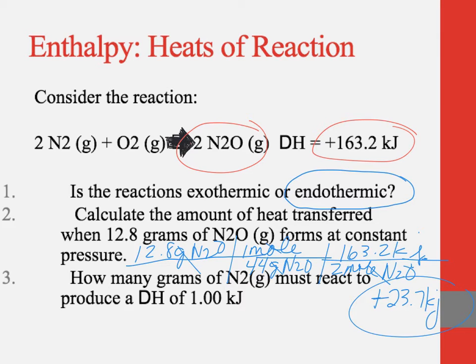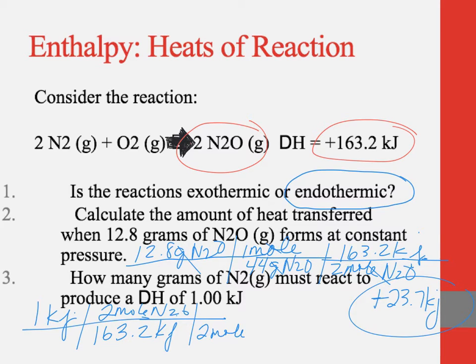In the next one, how many grams of N2 must react to produce a delta H of 1 kilojoule? Only 1 kilojoule. So we're starting with 1 kilojoule. We know from our reaction that 163.2 kilojoules is what's absorbed when we have 2 moles of N2O. And 2 moles of N2O come from 2 N2.